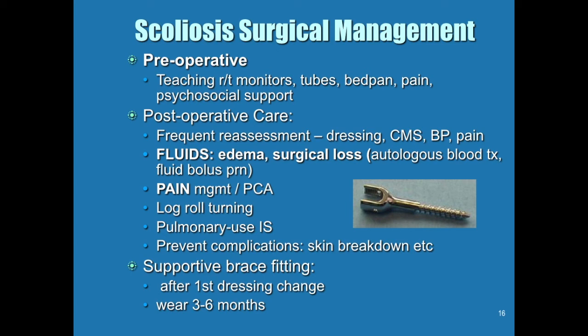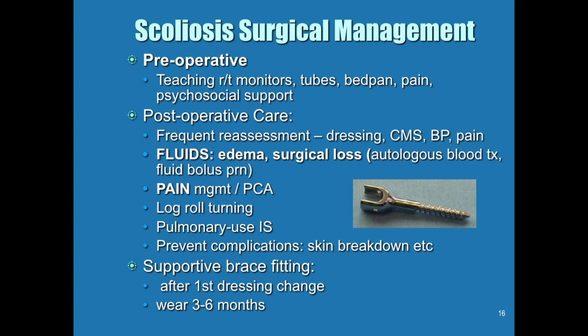Look at the dressing, do your CMS exam, monitor their blood pressure, and assess for pain. Some of them may need to get an autologous blood transfusion. Some of them may be fluid depleted, and they're going to need a fluid bolus, so watch their urine output. Once again, we're going to administer pain medication via a PCA.